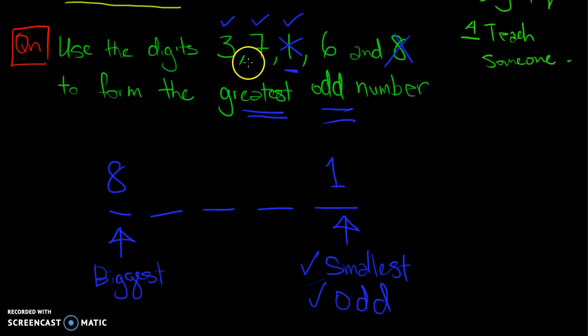The next biggest is 7, so I fill up 7. The next biggest is 6, so I cross it out. And my last number is 3. So the correct answer, the greatest odd number, is 8, 7, 6, 3, 1, which is 87,631.